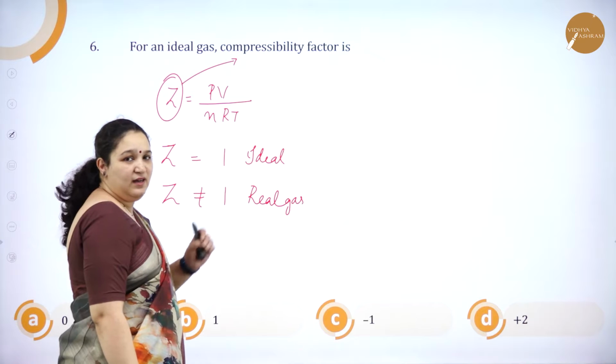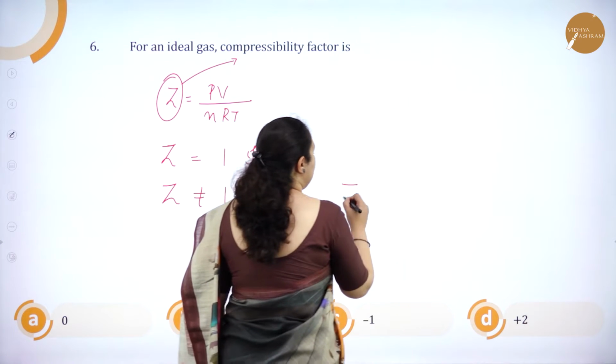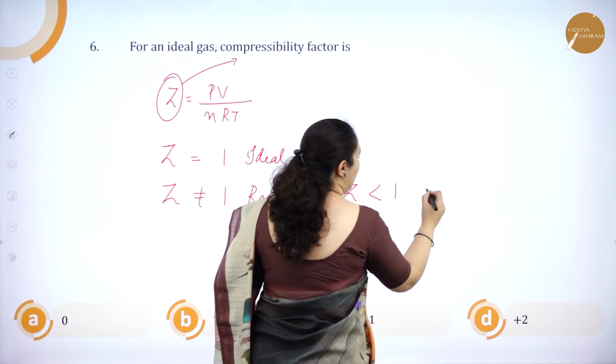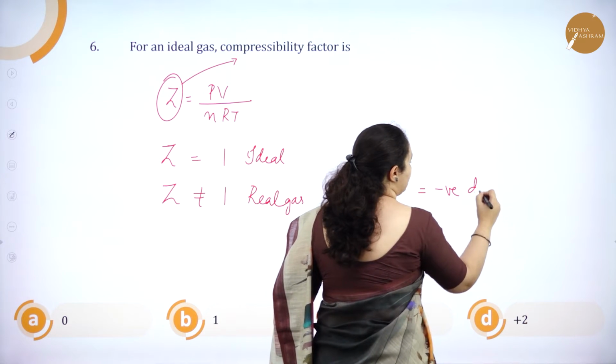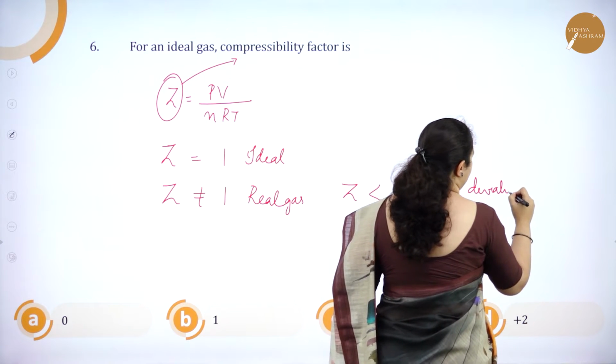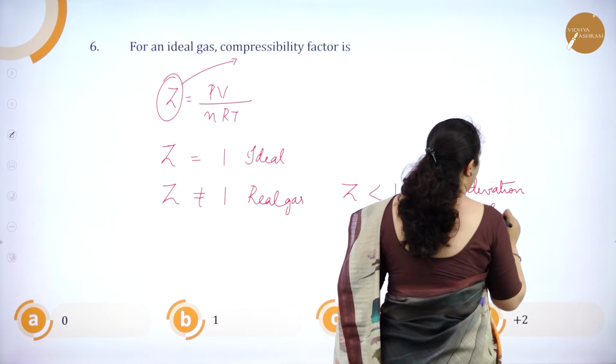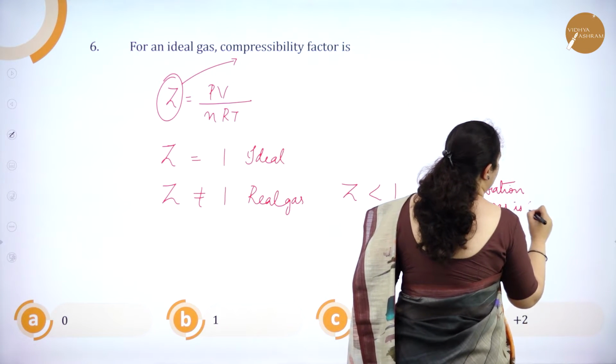Now, in real gases, if compressibility factor is less than 1, it will show negative deviation and the gas is compressible.